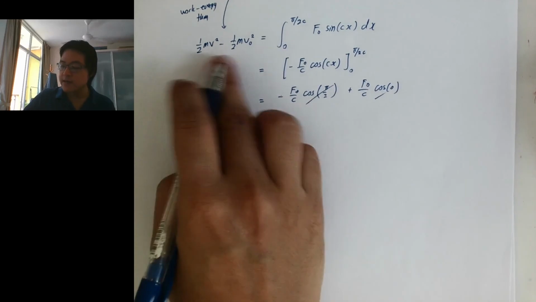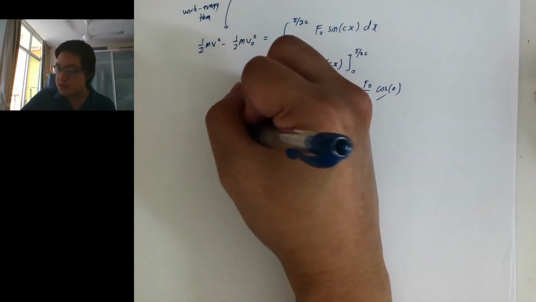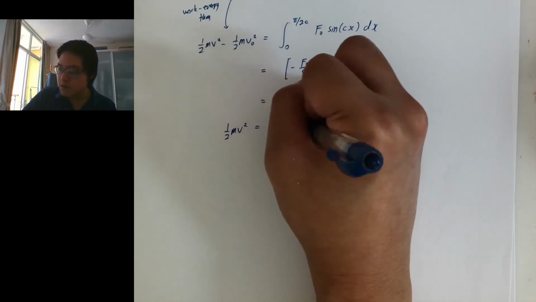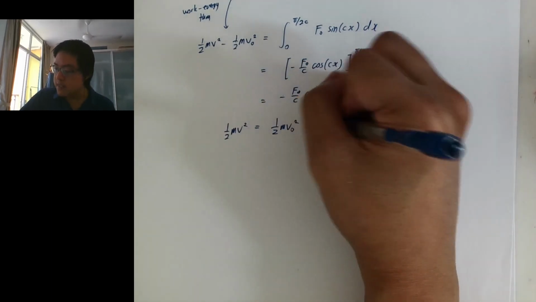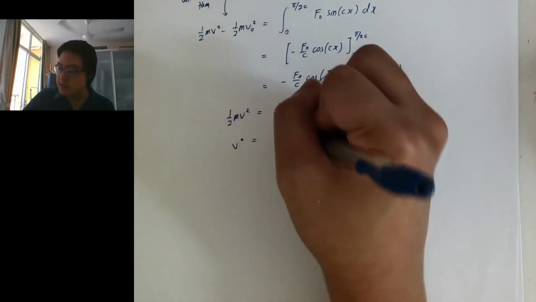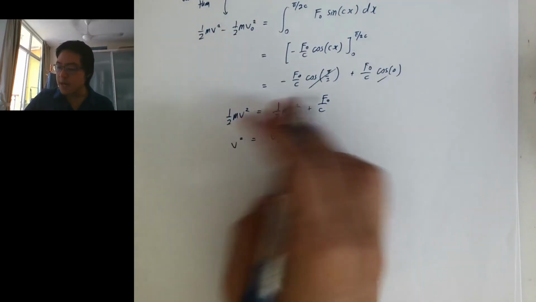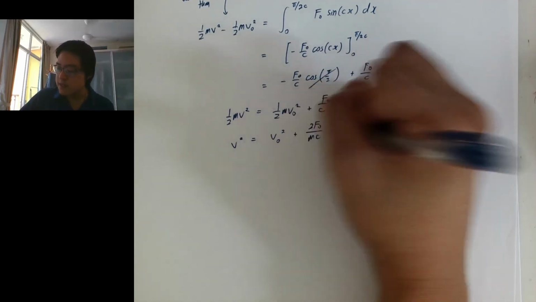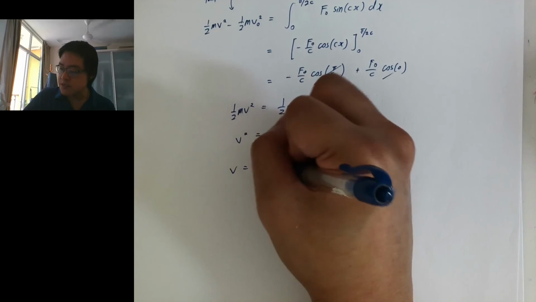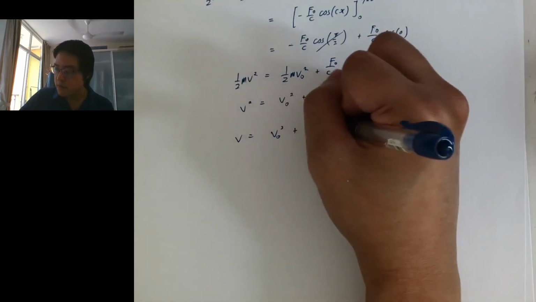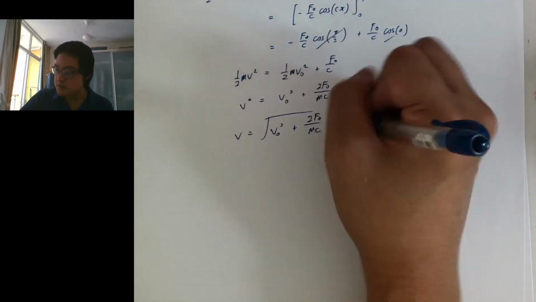Then the half mv squared, I bring it over, so I got half mv squared over here, and then half mv0 squared, and a plus F over c. Then just rearrange: v squared is equal to v0 squared plus 2F over mc, and then we take the square root, which is the answer. So v equals the square root of v0 squared plus 2F over mc, like this.